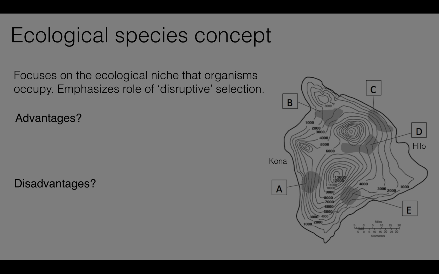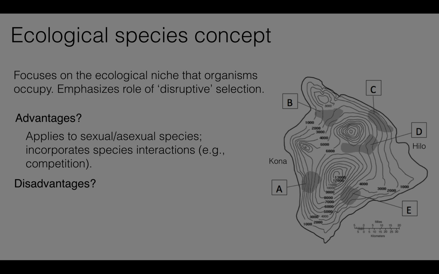And as they become adapted to these different environments, they're likely to start changing in features that relate to reproduction and mate choice and so forth, and that can lead to reproductive isolation and cause new species to form.